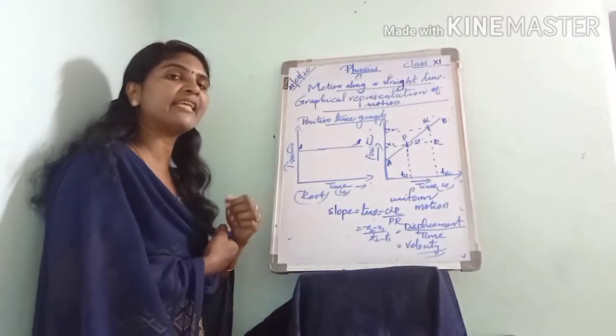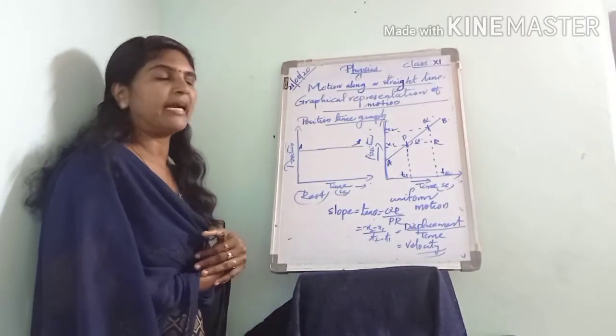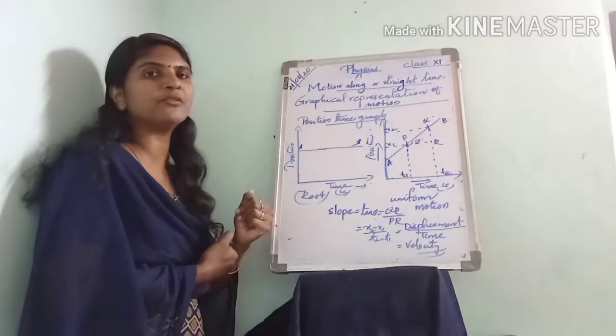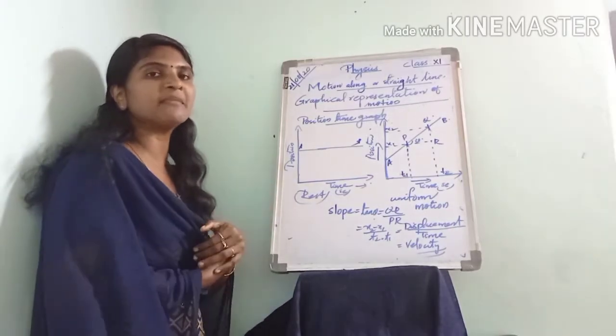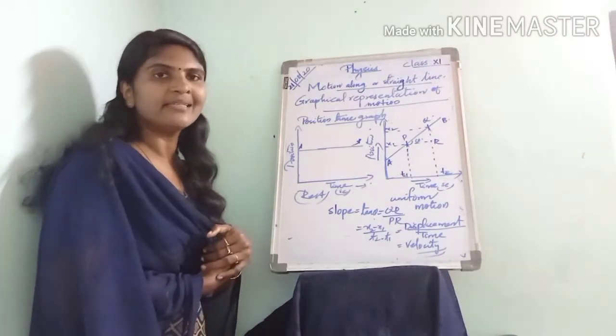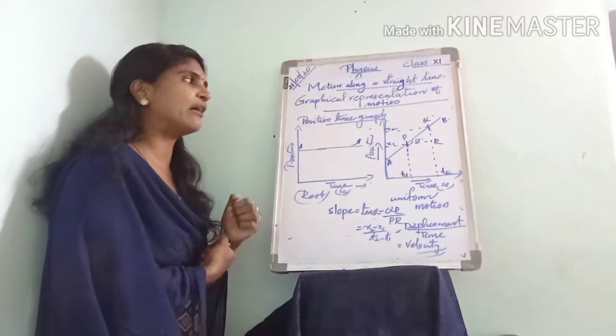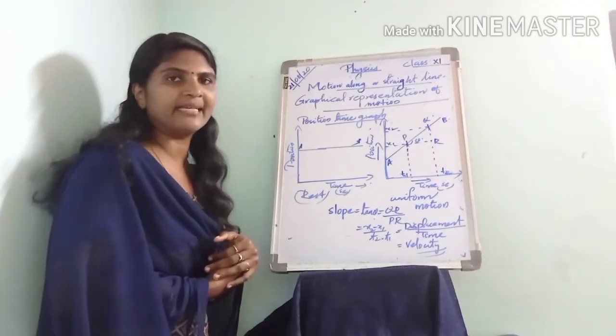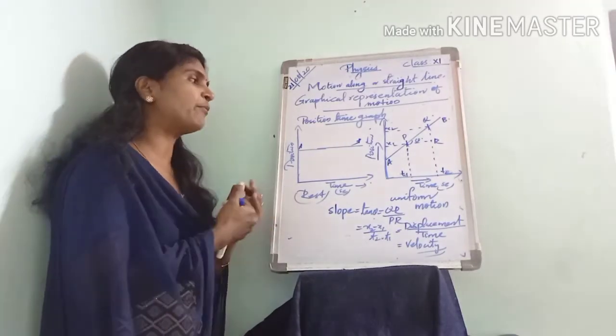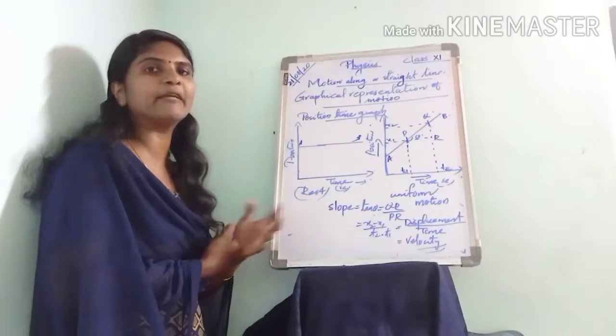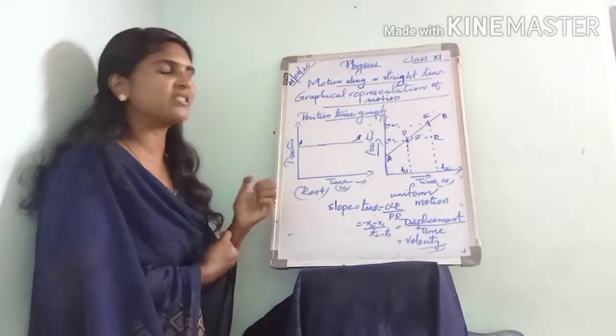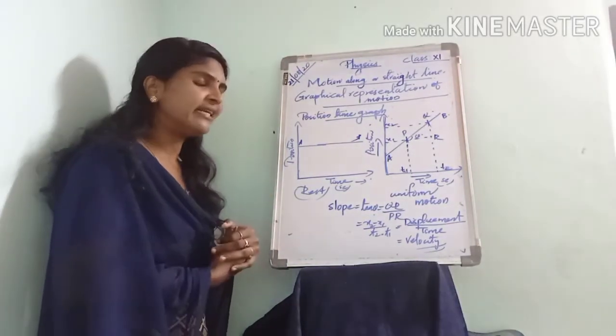There are different types of graphs, and here we have to study only two types: the position time graph and the velocity time graph. The position time graph can be studied under different conditions.